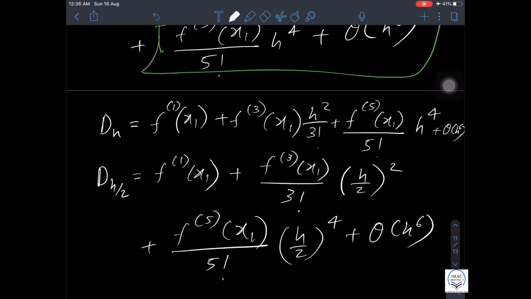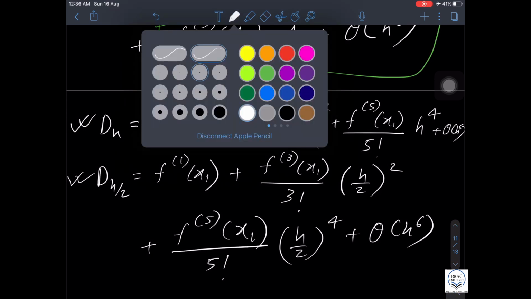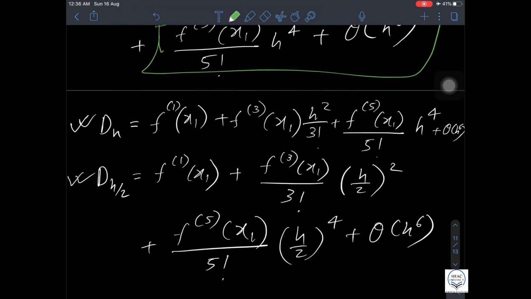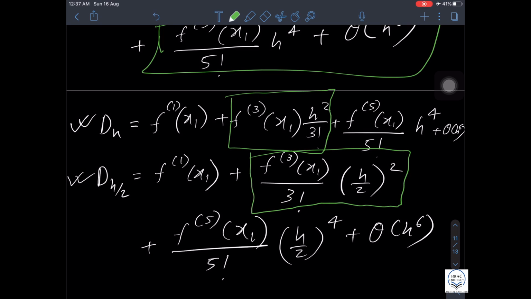Okay, so I can calculate dh, I can calculate dh by 2, that's fine, but what I want to do is take their combination in such a way that the order h squared term goes away. Let's see how to do that.